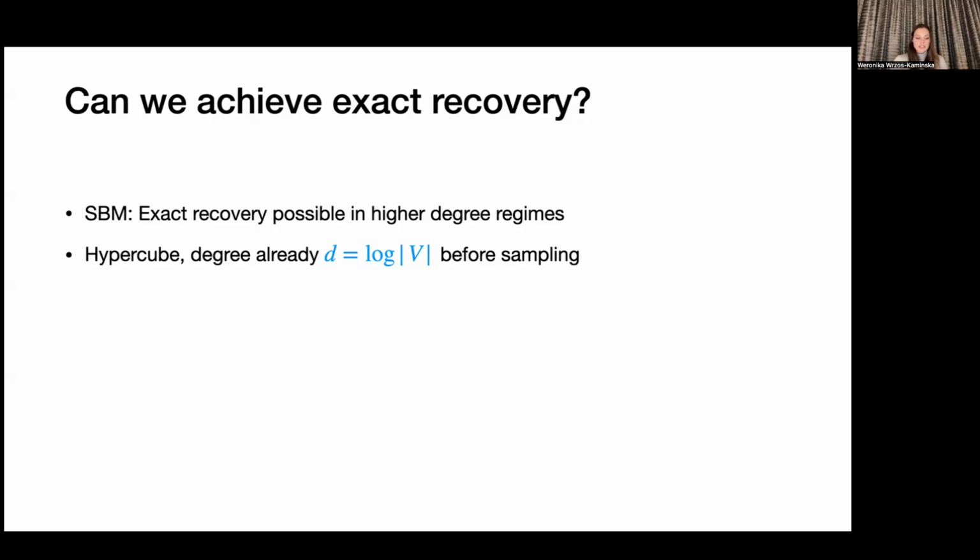So this suggests that if we want to achieve exact recovery, we should start off by sampling from a denser graph than the hypercube. So motivated by this, we will consider the k-distance hypercube.